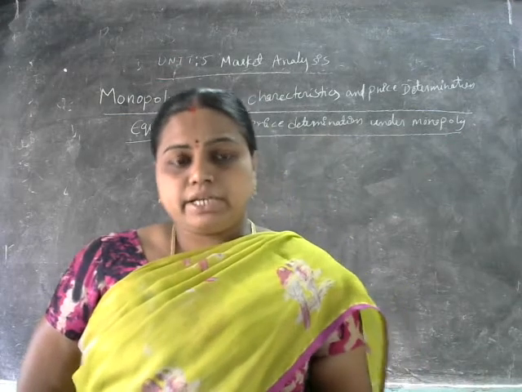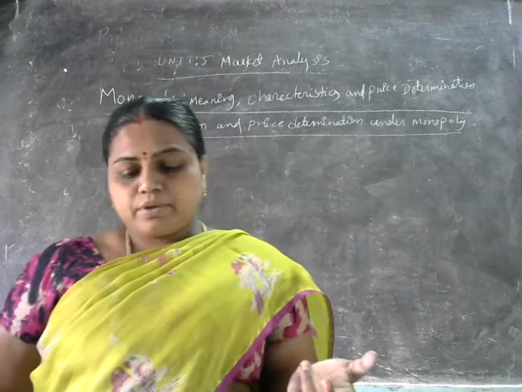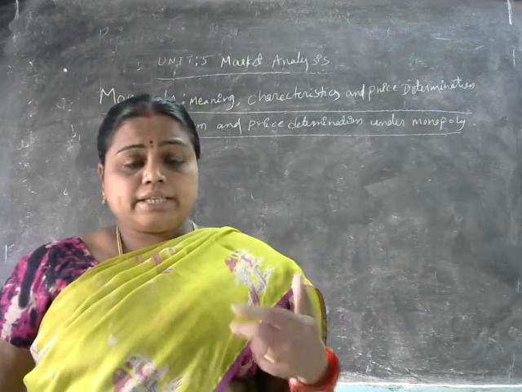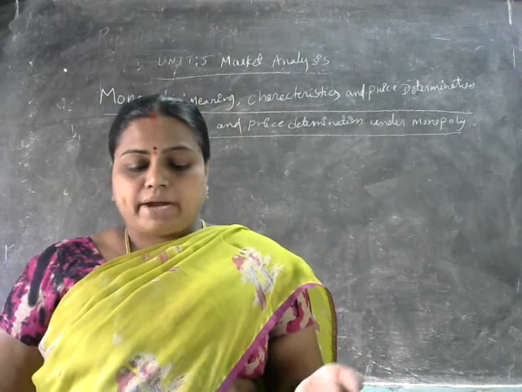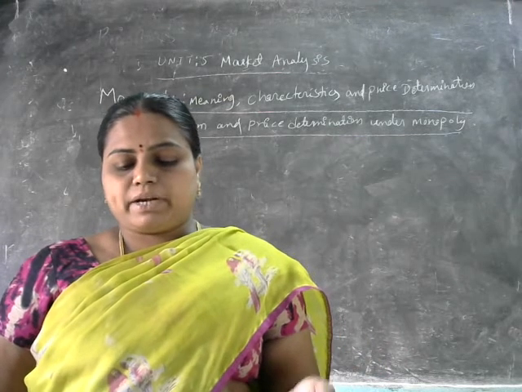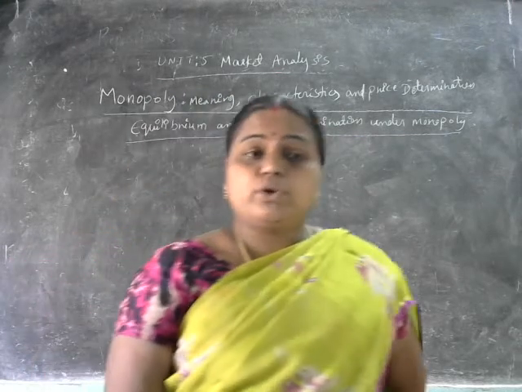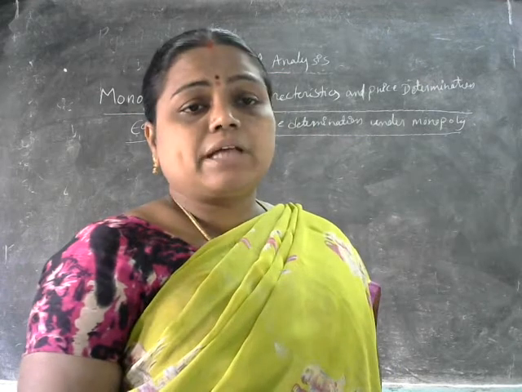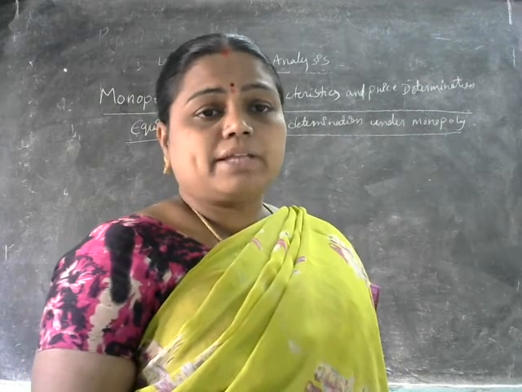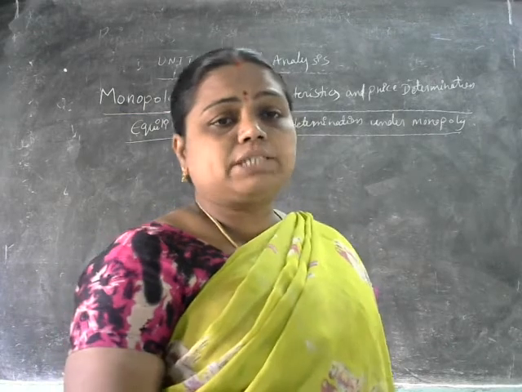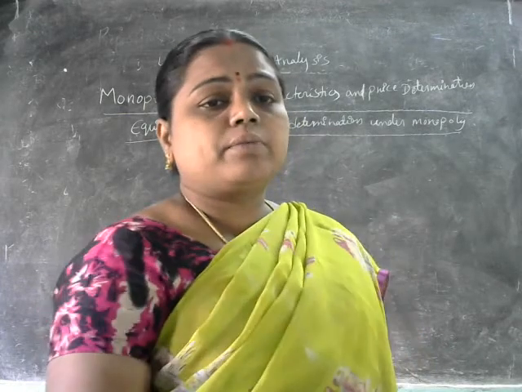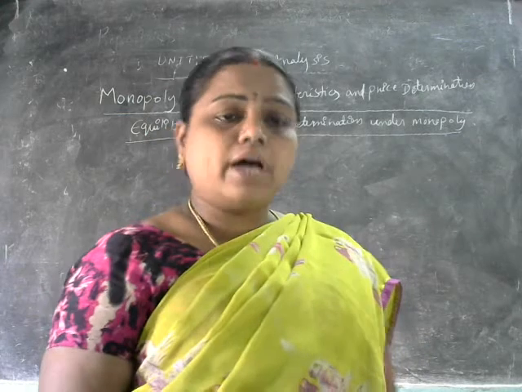So here, simultaneously, either he can fix the price and leave the output to be determined by the consumer demand at this particular price, or if he wants to determine the output at the beginning, he should leave the price. If he is going to be fixing the price, he should leave the output. If he is going to be fixing the output, he should leave the price here.